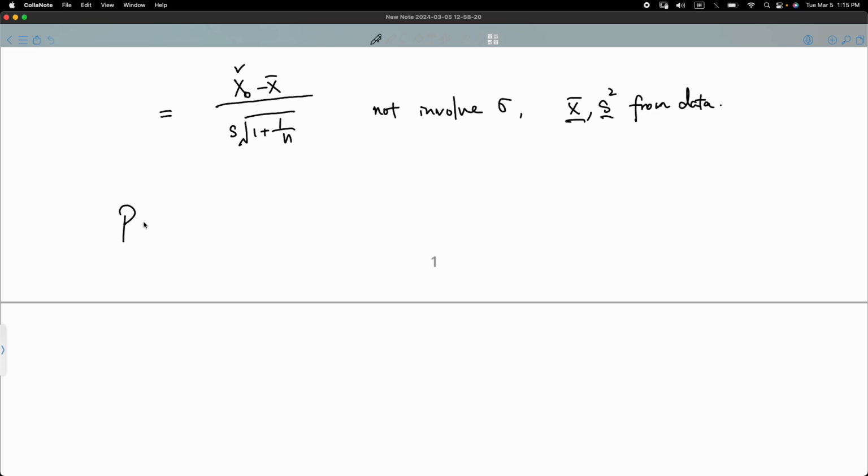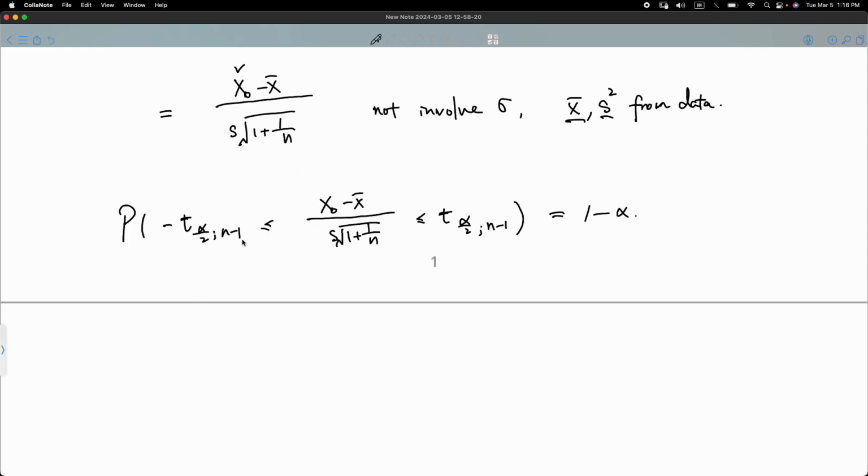The probability, let me just write from the left-hand side, alpha over 2, n minus 1, so for this random variable between this quantile, over 1 plus 1 over n, less than the positive alpha over 2, n minus 1. Okay, so this particular event has a probability of 1 minus alpha.